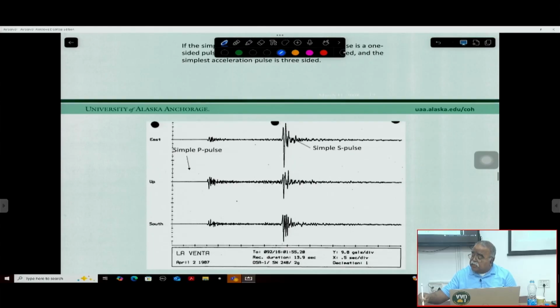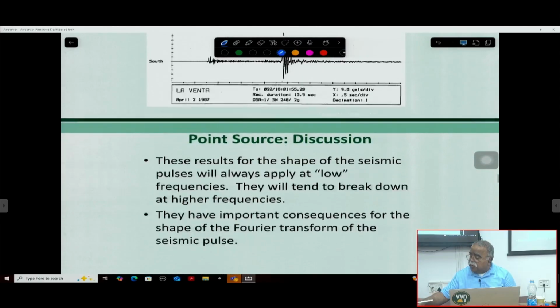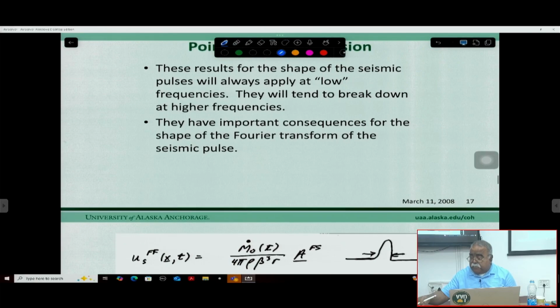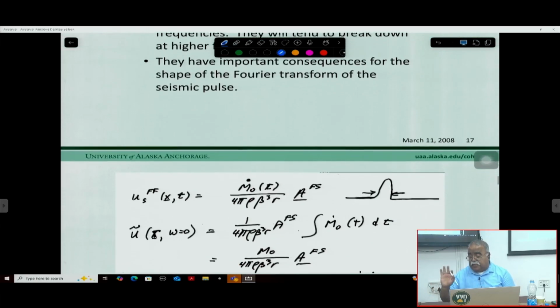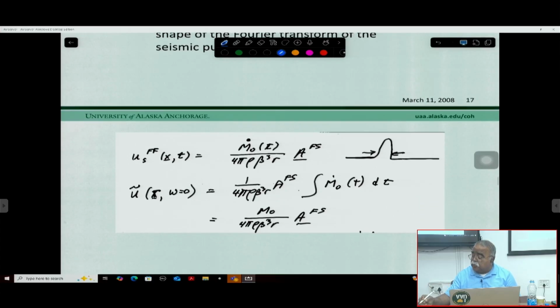Similarly, by seeing the P pulse, you can do that, and you can also do it by the far field pulse, but this has to be the far field, not the near surface things, or near source things.